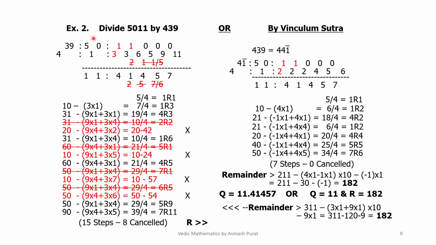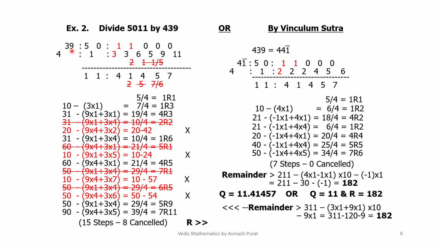Second example, divide 5011 by 439. 4 is first divisor written down. Diagonally opposite on upper line is 39, second and third divisors, taken as Dhvajanks.